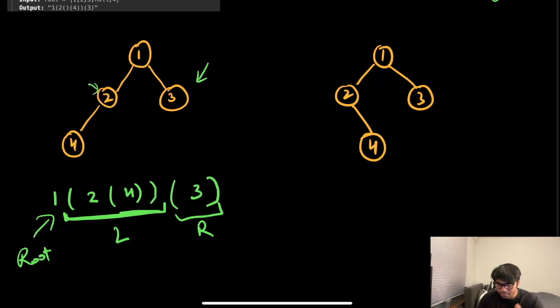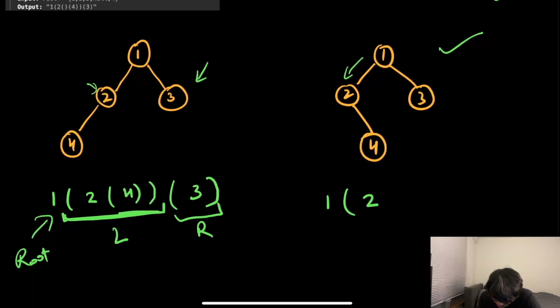Now the second example, this is the second example. Here just one twist, and that twist is the root value. Let's process the left subtree, that would be the left subtree root, and then processing its left, which is not present, but its right is present.